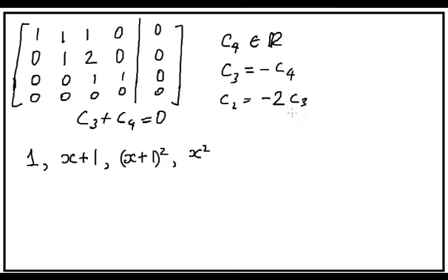2C3. And remember, we said that C4 can be any real number, so we might as well just pick one value for C4, and let's pick an easy value, not 0, because we want it to be non-zero. So let's pick C4, for instance, to be 1. Then C3 will be minus 1, and C2 will be 2.